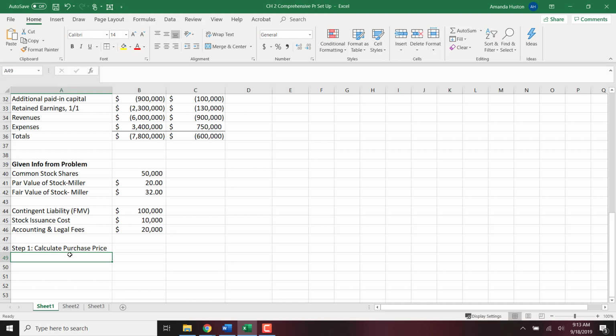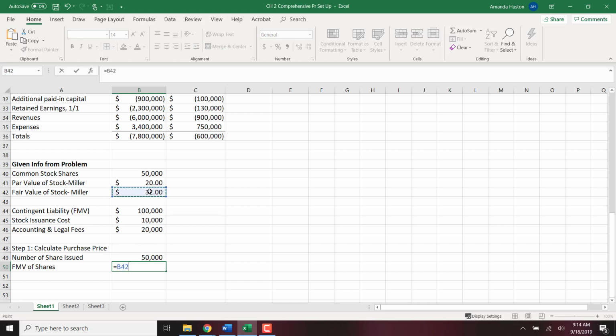I'm going to take the number of shares issued, which was 50,000, and I'm going to multiply that by the fair market value of shares, which equals the total value of shares, and I'm going to multiply these two.